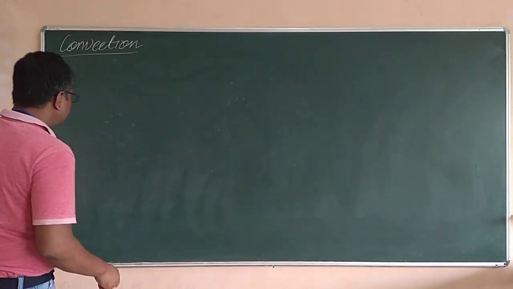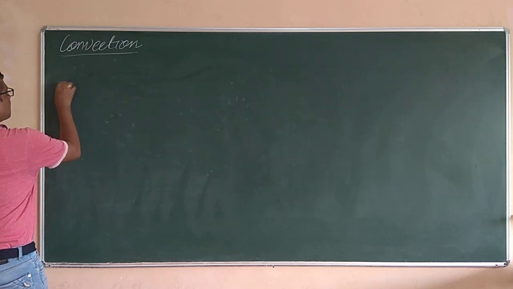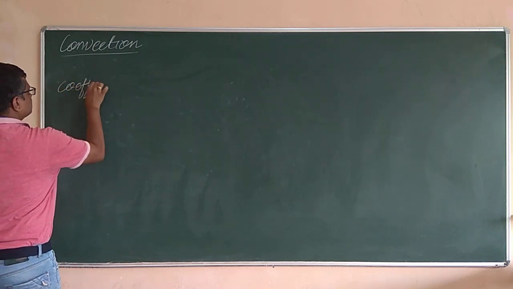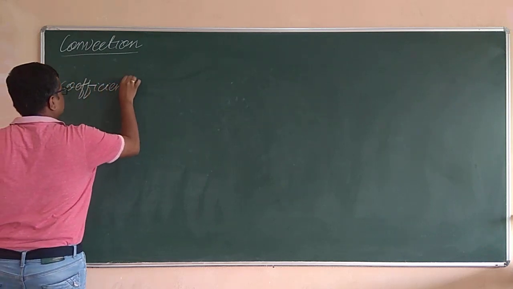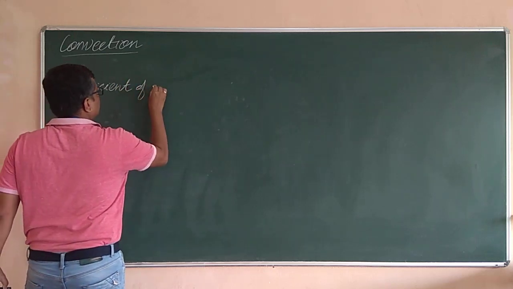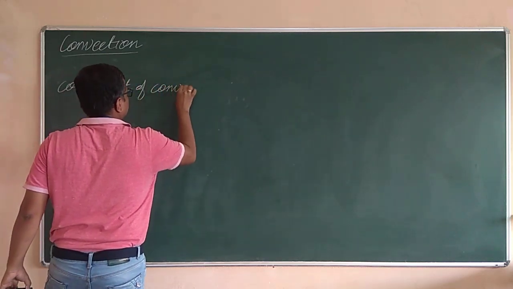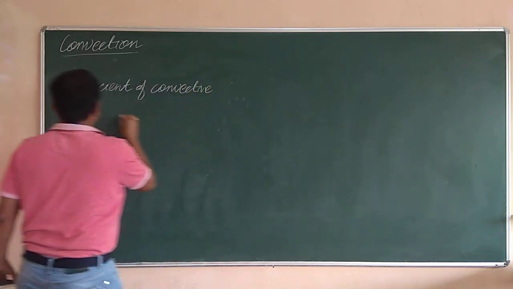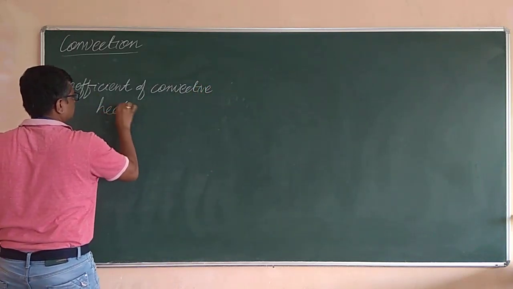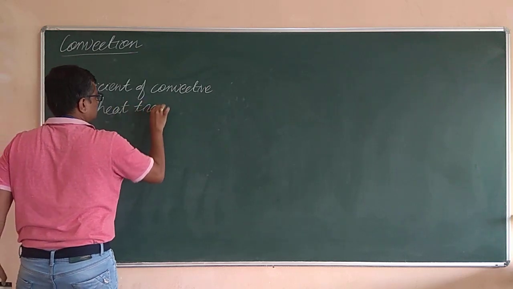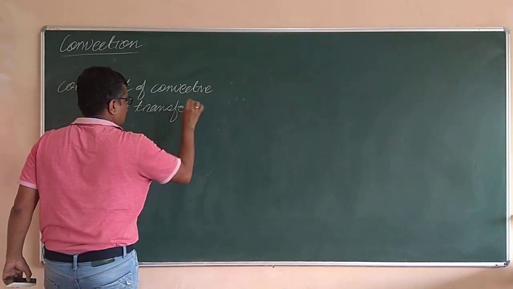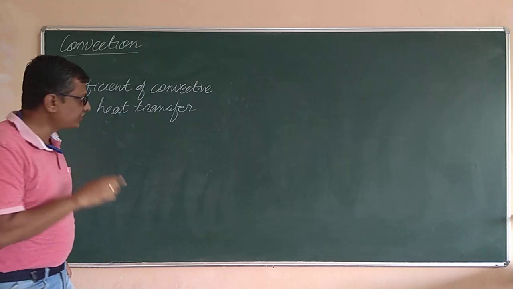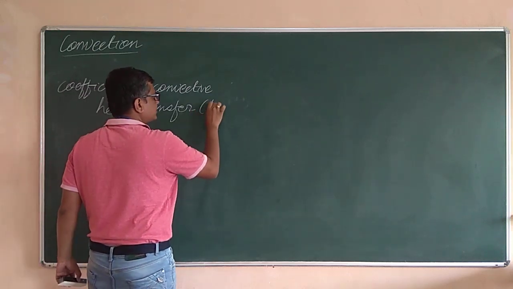We are going to define the term coefficient of convective heat transfer. Let us see what this coefficient of convective heat transfer is. It is represented by the letter h, small h.